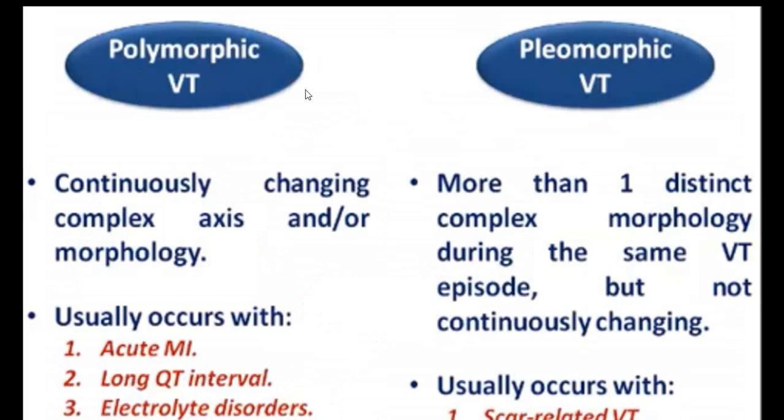The difference between polymorphic and pleomorphic is that in polymorphic there is a continuous change in ventricular complexes because of a change in axis or morphology, while pleomorphic has more than one distinct complex morphology during the same ventricular tachycardia but not continuously changing, while here it is constantly changing. The commonest examples of polymorphic are acute myocardial infarction, long QT syndrome and electrolyte disturbances, while pleomorphic is more common in scar-related ventricular tachycardia.